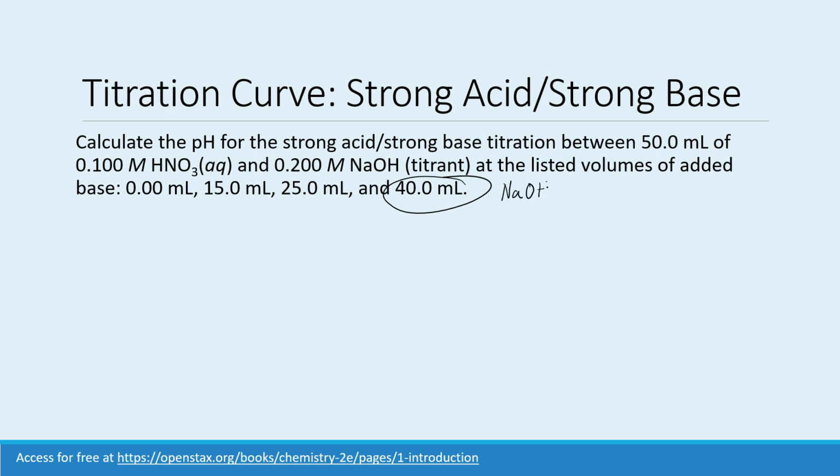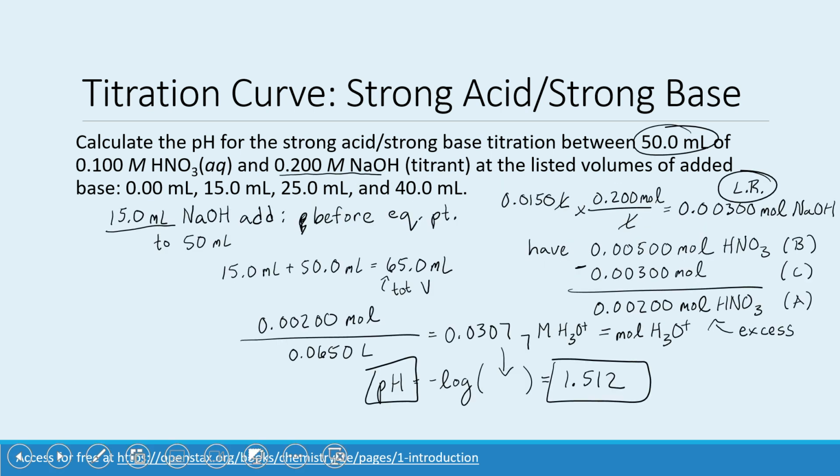So our last example is 40 milliliters of sodium hydroxide added. And so of course we must be after the equivalence point. Now all of the acid has reacted with that strong base, and now we're going to have excess strong base left over.